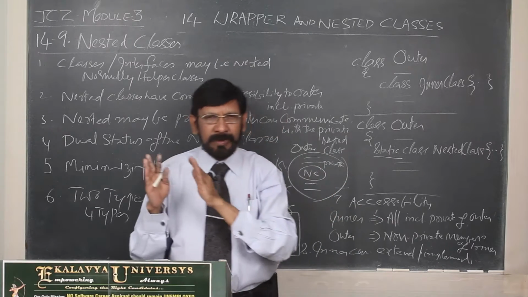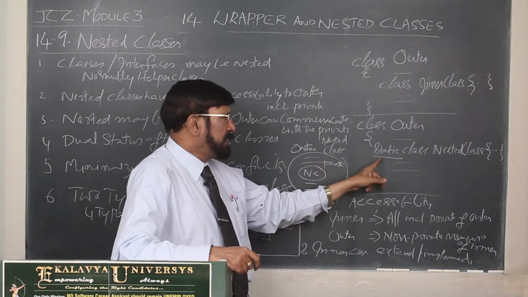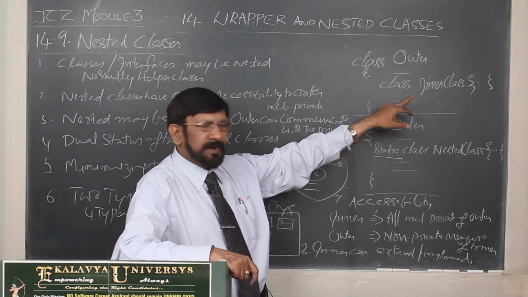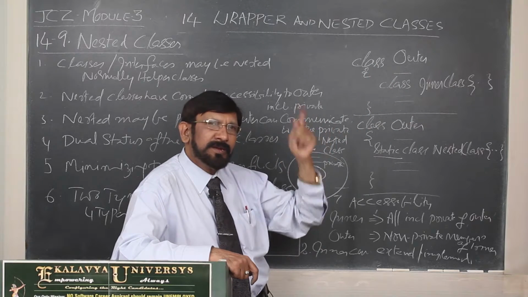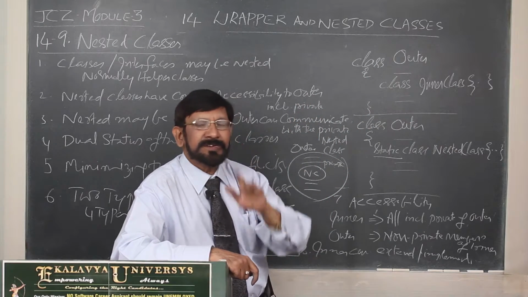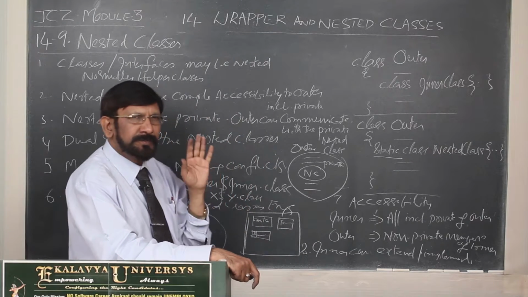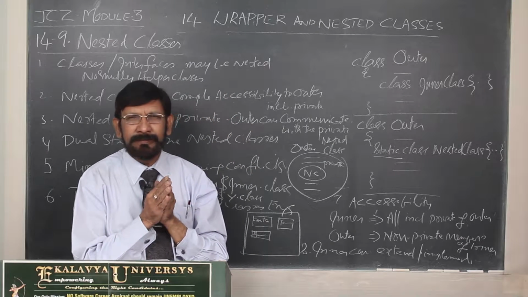Hereafter, whenever I use the word nested class, you have to understand it is a static nested class. Whenever I use inner class, you have to understand it is an instance nested class, because if you do not maintain this differentiation, a lot of confusion is created.